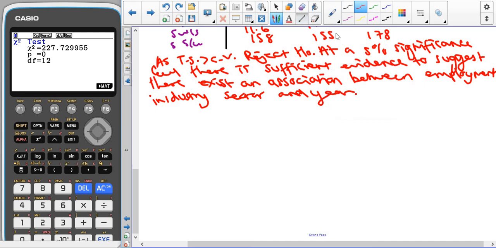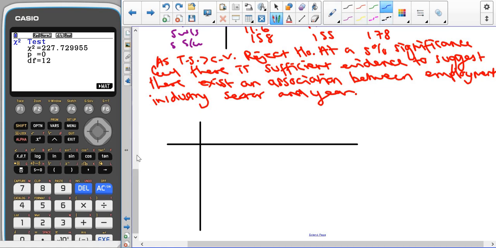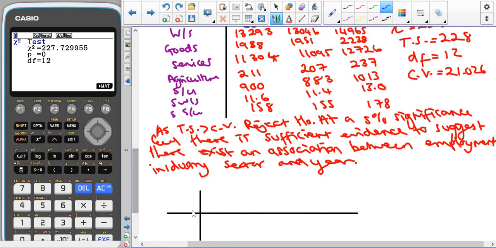So it asks us to write about the contributions as well. So again, just quickly going to write myself a contribution table. I'm going to have the same headings going down the side.